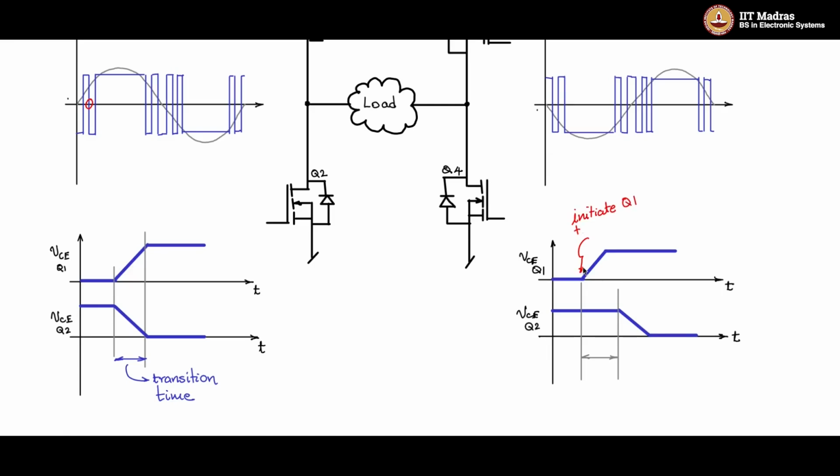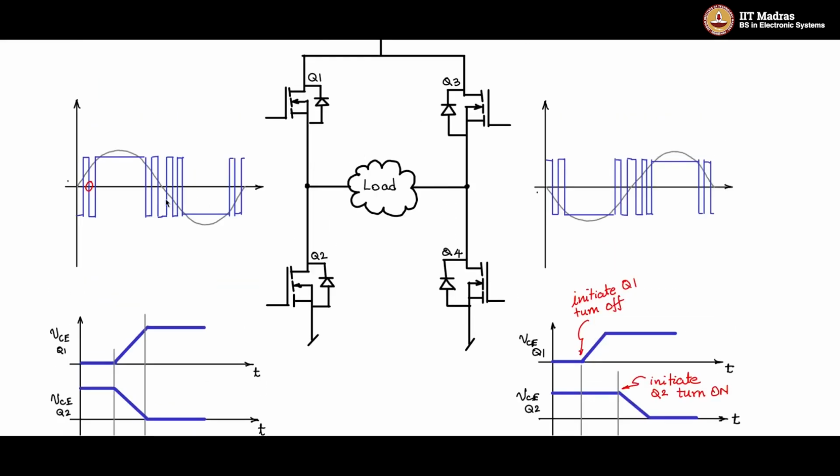Then I wait for some time and then I initiate turn on of Q2. This delay is called the dead time. So I have to consciously give this dead time in the PWM signal between the top PWM and the bottom PWM, so that I do not have shoot through.